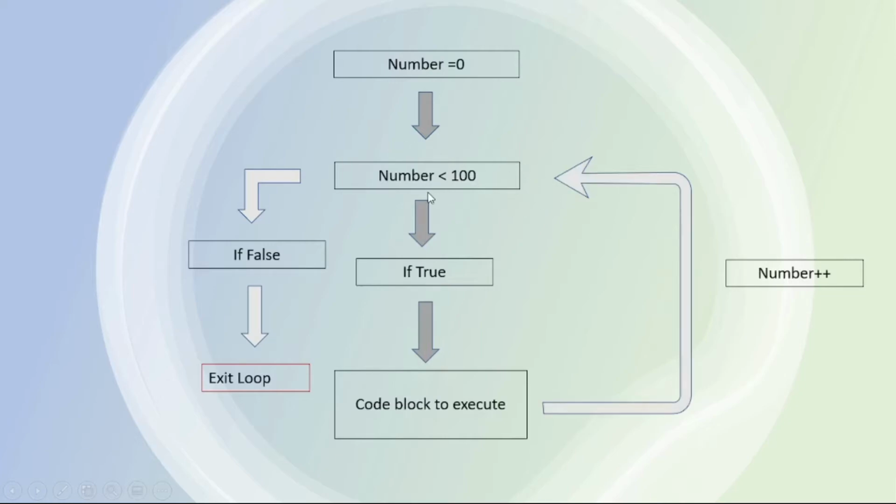If it becomes false, then it will exit the loop here and the program would stop here.